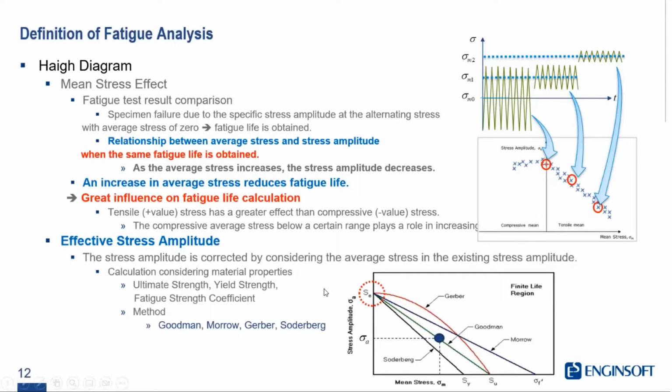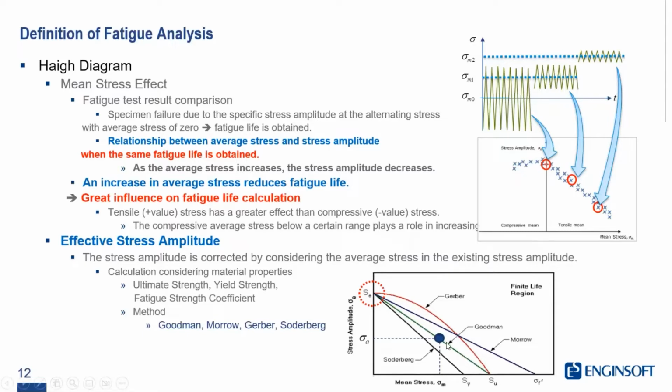Now, this is great if you can send off 1,000 samples to a testing lab, but oftentimes it's more convenient to use some of the relationships or correlations from literature. What these are doing is taking some known material properties like the ultimate stress or the yield stress, and using those to approximate what the Haigh diagram is going to look like.